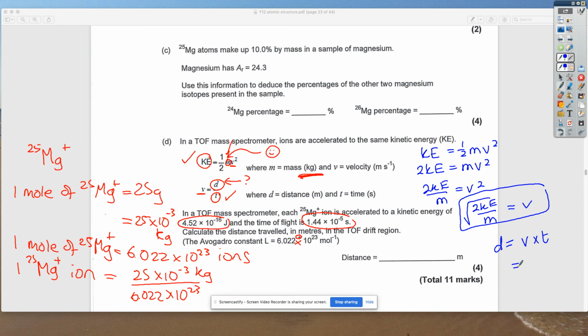When I do things on the calculator, I'm an enormous lover of brackets. I do brackets everywhere. Make sure that you are happy and confident with your calculator. And don't try and do calculations on someone else's unless they're exactly the same as yours, because their button pressing order might not be the same as yours.